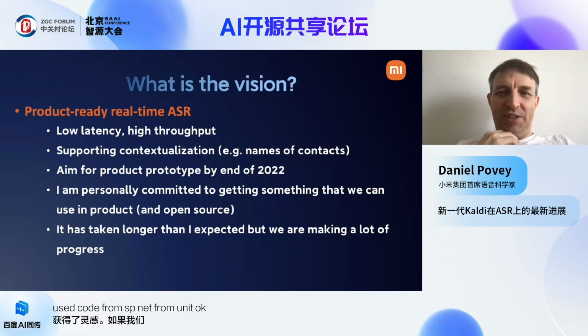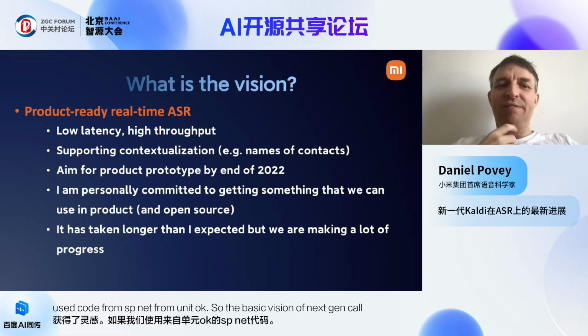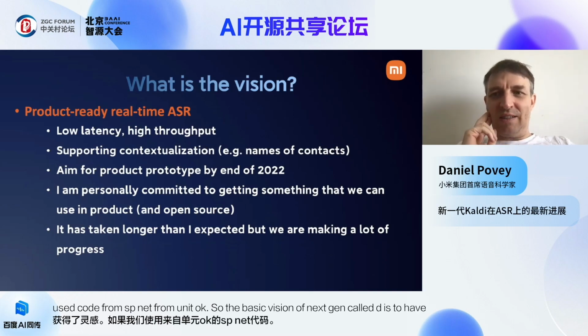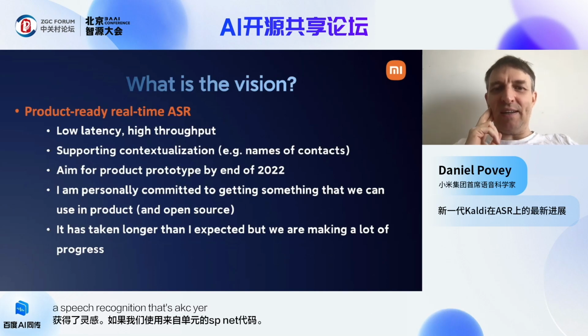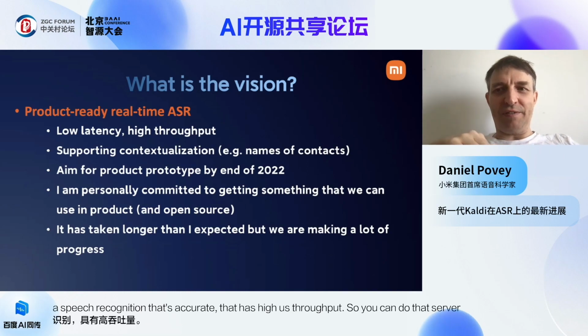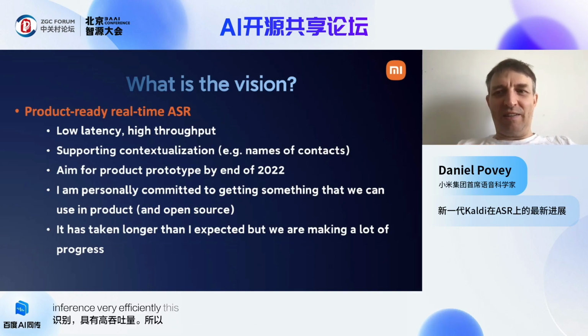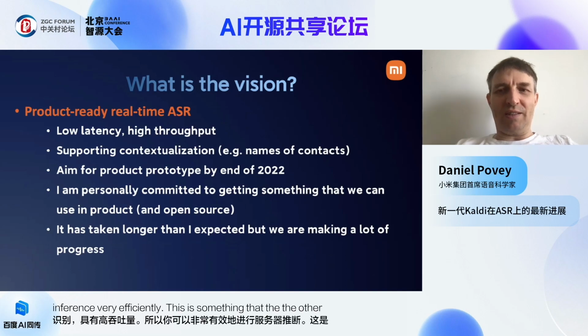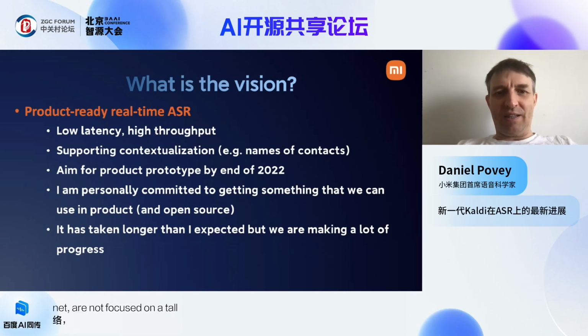So the basic vision of Next-Gen Kaldi is to have low latency speech recognition that's accurate and has high throughput, so you can do server inference very efficiently. This is something that the other big toolkits, SpeechBrain and ESPNet, are not focused on at all, as far as I can tell.